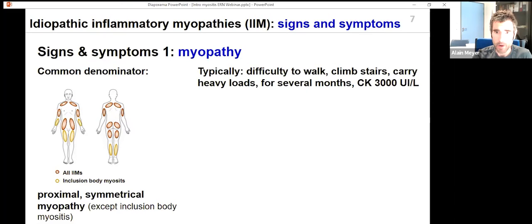Typically, inflammatory myopathies patients complain of difficulty to walk, climb stairs, or carry heavy loads for several months.